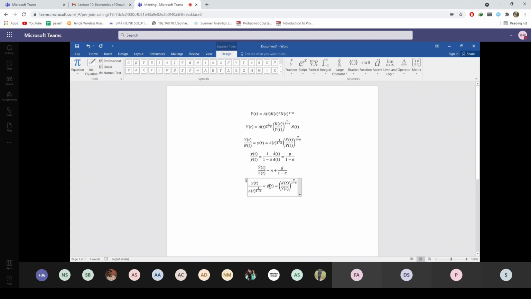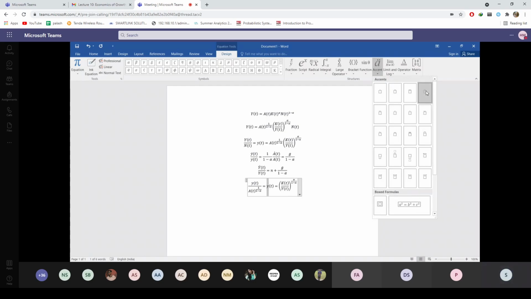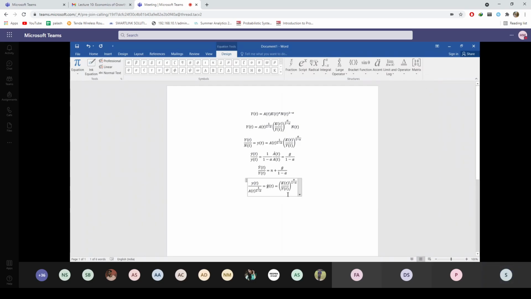This I will define as y hat t. Now this part, divided by N_t, divided by N_t.